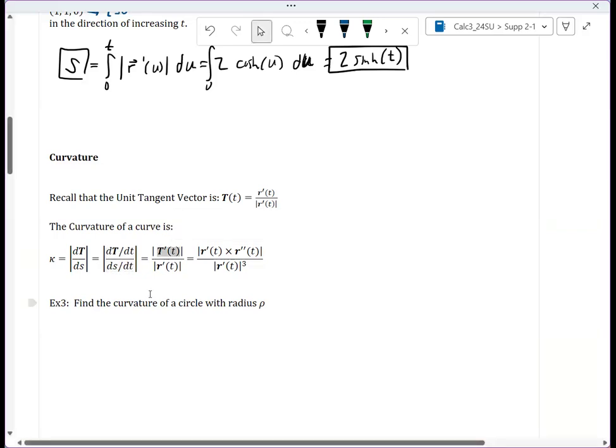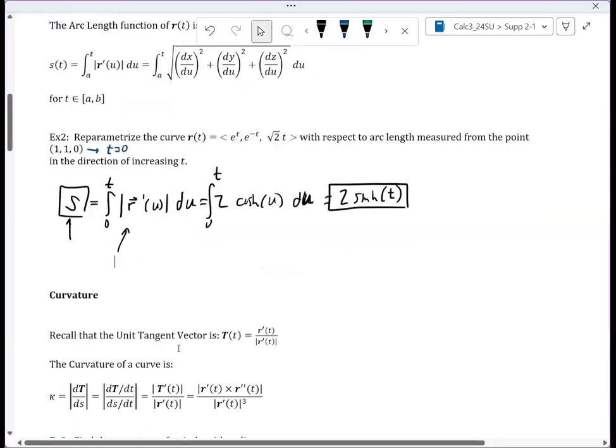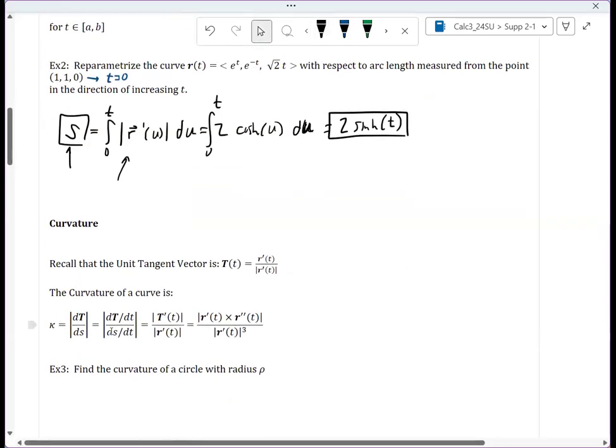Or we could think of that as, well, dT/dt is T prime of t. And ds/dt, well, if s is the integral from 0 to t of the length of r prime, then by the fundamental theorem of calculus, ds/dt is just the length of r prime.